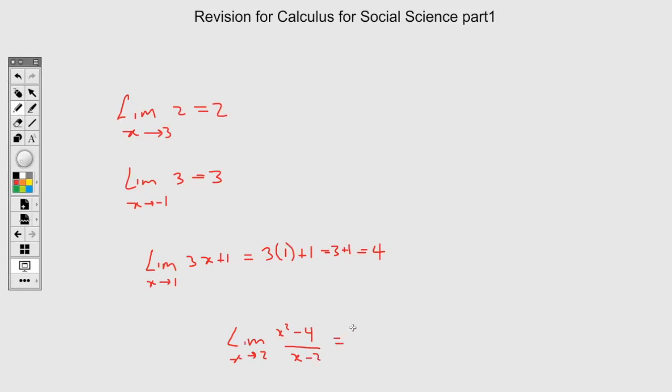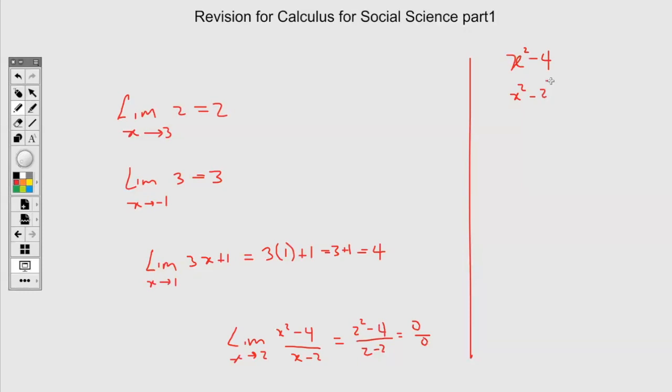If I replace x with 2, I'll have 2 squared minus 4 over 2 minus 2. 2 squared is 4, so 4 minus 4, that's 0 over 0. Now, in this form, we have to do more work, which is factorizing. So x squared minus 4 is a difference of 2 squares, so I can rewrite it as x squared minus 2 squared, which is x minus 2 and x plus 2.